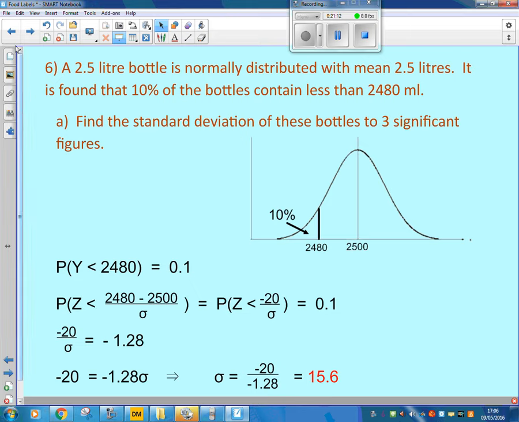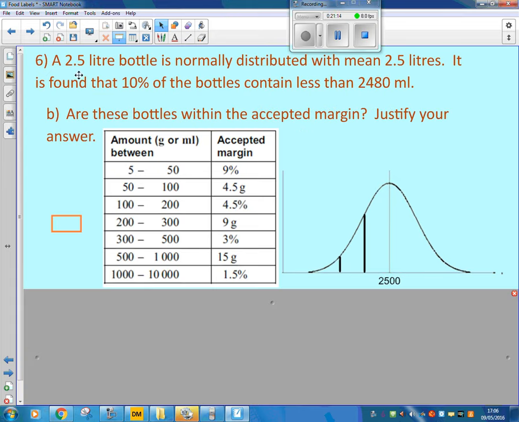So we've got a standard deviation of 15.6. So are they within the accepted value? Right, it's 2.5 litres, which is 2,500 millilitres. So we're allowed to go 1.5% each way.